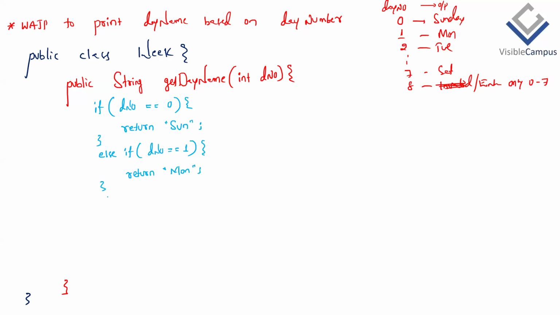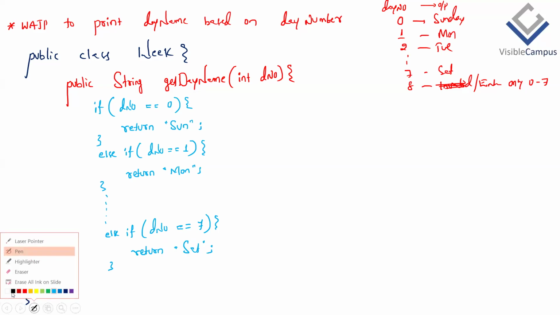Yeah. Then like this, how many do we have to write? Else if day number double equals 7, then we write return Saturday, the 7th one. Correct? Then what's the next block?